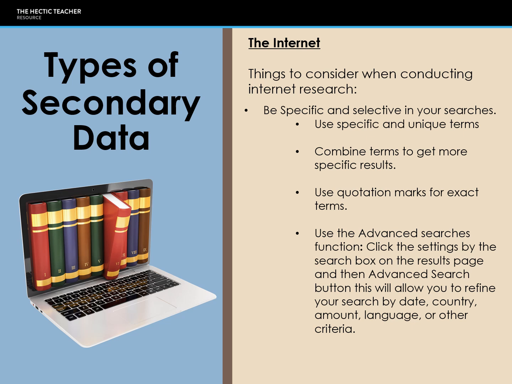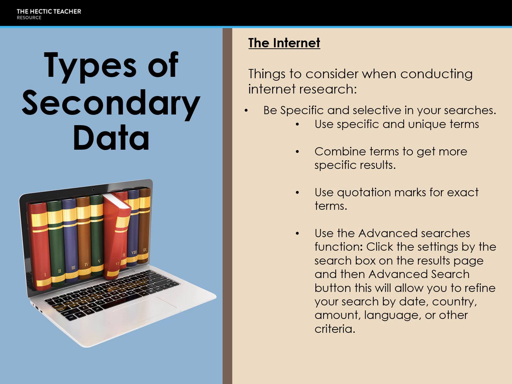Okay, so to narrow down the searches, to make it more specific to what you are looking for, you need to use specific and unique terms. So rather than just typing in divorce, it might be divorce trends in the UK.